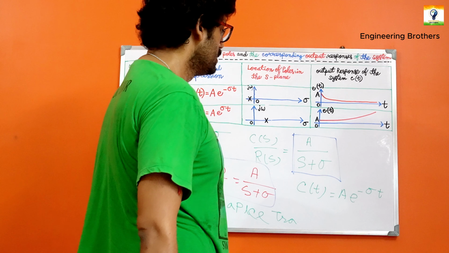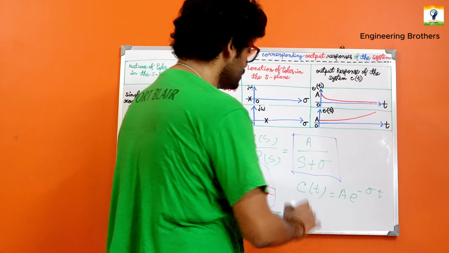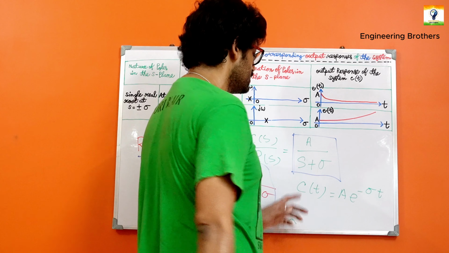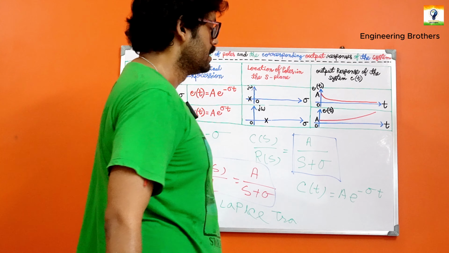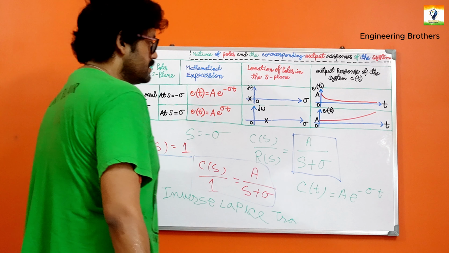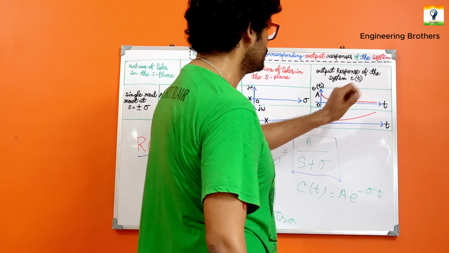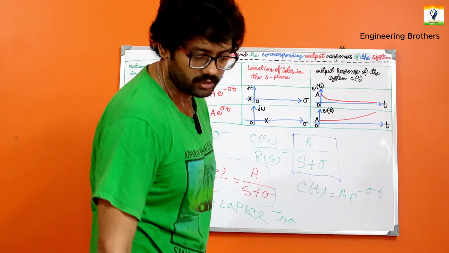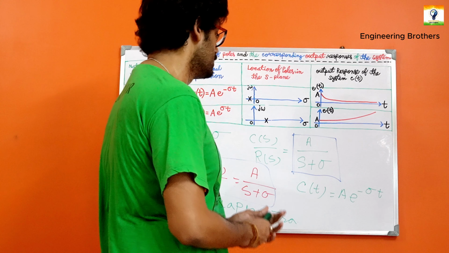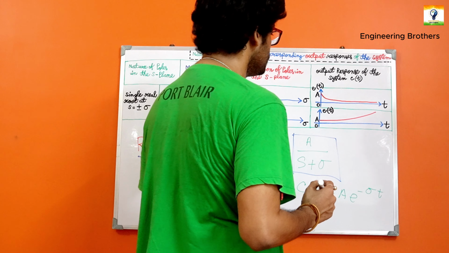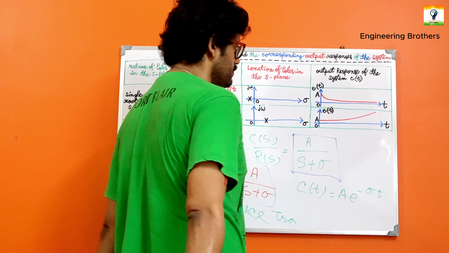Now if we plot this mathematical expression, c(t) equal to A e to the power minus sigma t, we get this waveform. How do we analyze whether the system is stable or unstable?